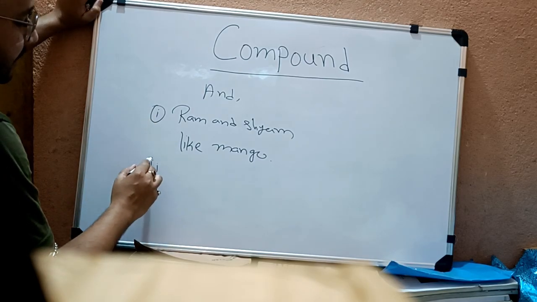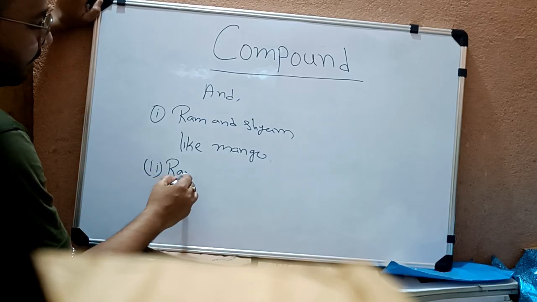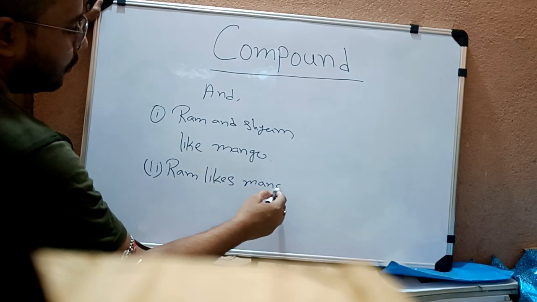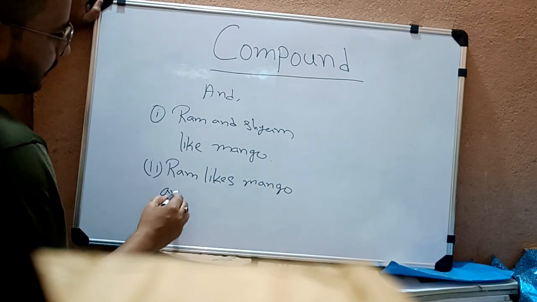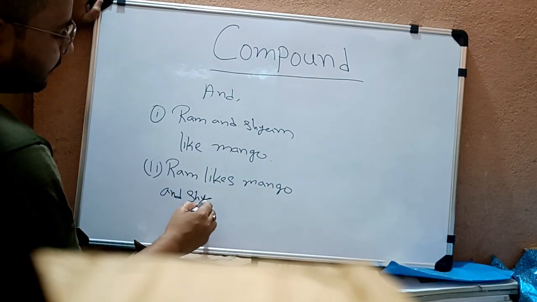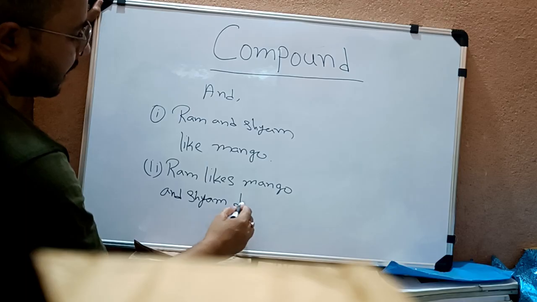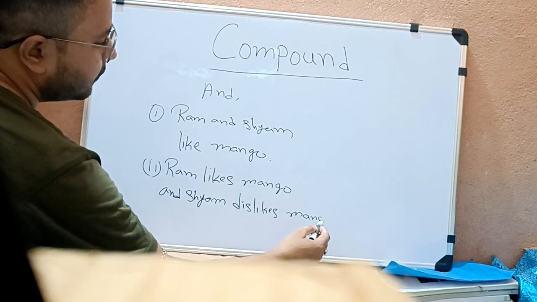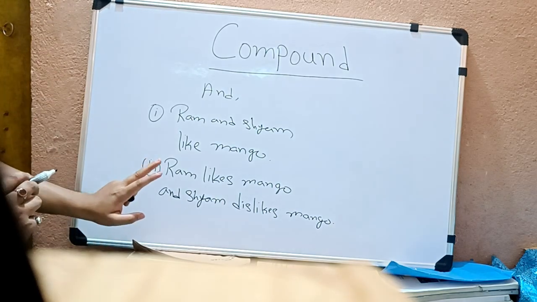And the second example is, Ram likes mango and Sam dislikes mango. Is it a compound sentence?